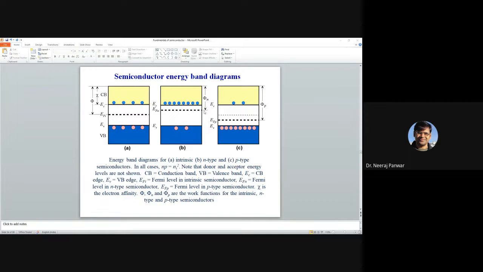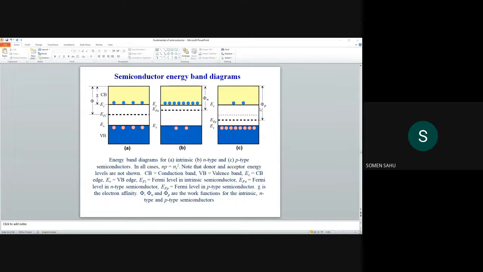So the difference of Fermi level is calculated if we know the work function for the n-type semiconductor and the work function for the p-type semiconductor. So this difference, phi p minus phi n, is equal to the difference in Fermi level. So we have to reduce this difference if we want to have one Fermi level across the p-n junction. Okay?